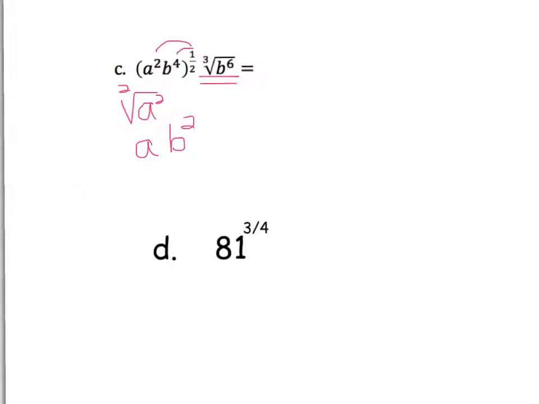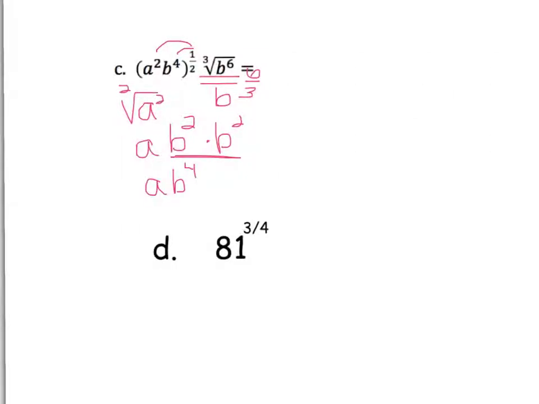And then this part, remember what is ever on the outside is in the denominator, inside is the numerator, so that's b squared. And then when we're multiplying powers with the same base, we add the exponents.